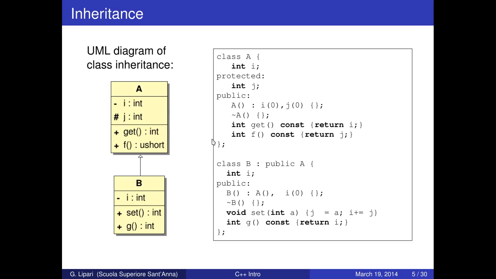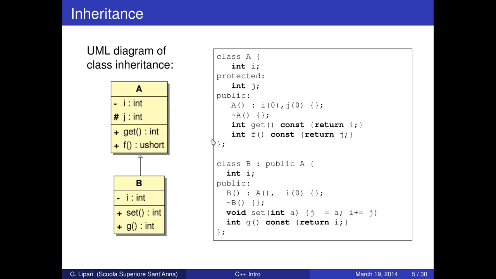In this kind of graphical syntax we represent private members with a minus, protected members with the hash symbol, and public members with the plus symbol.